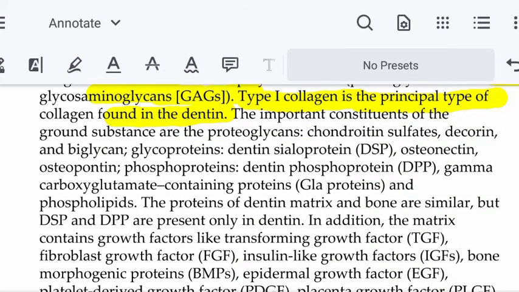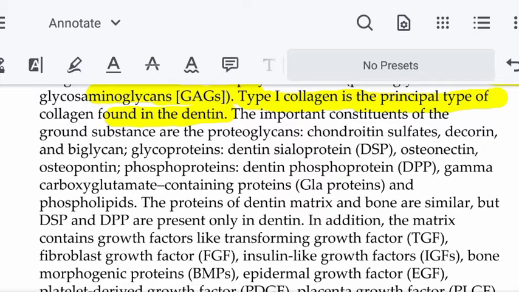Next, the important constituents of the ground substance are the proteoglycans, that is chondroitin sulfates, decorin and biglycans. Glycoproteins are dentin sialoproteins, DSP, osteonectin, osteopontin. Phosphoproteins are dentin phosphoproteins.